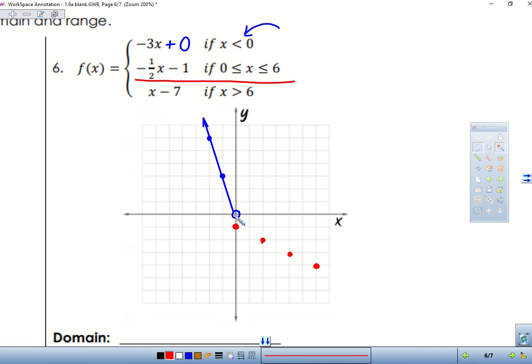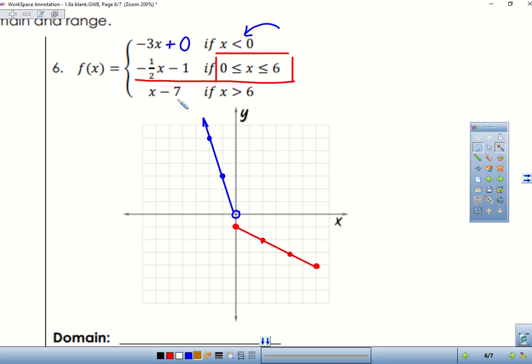Does everyone know why I had to stop there? You ran out of space. Stop at 6. Perfect, because it stops at 6, not because I ran out of ink. That too. So yes, we had to stop here because this is a bound domain, right? So it only is a little piece.